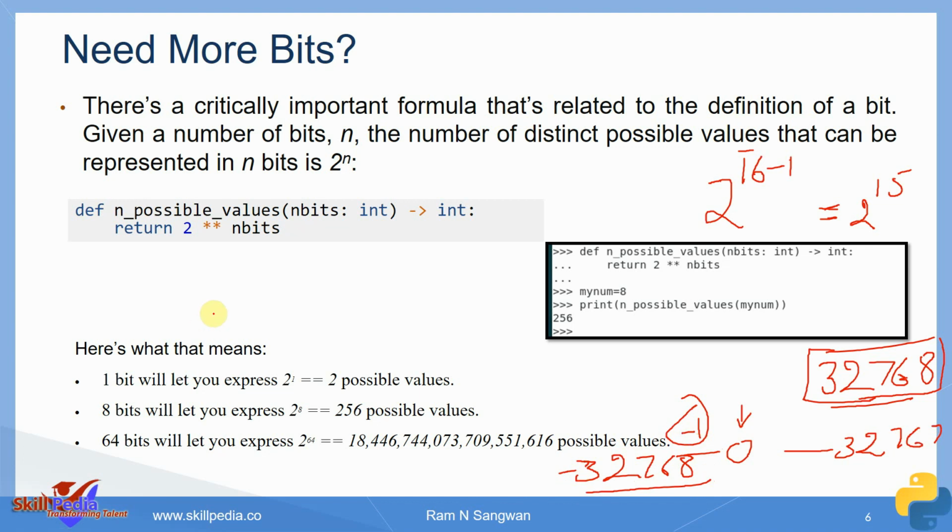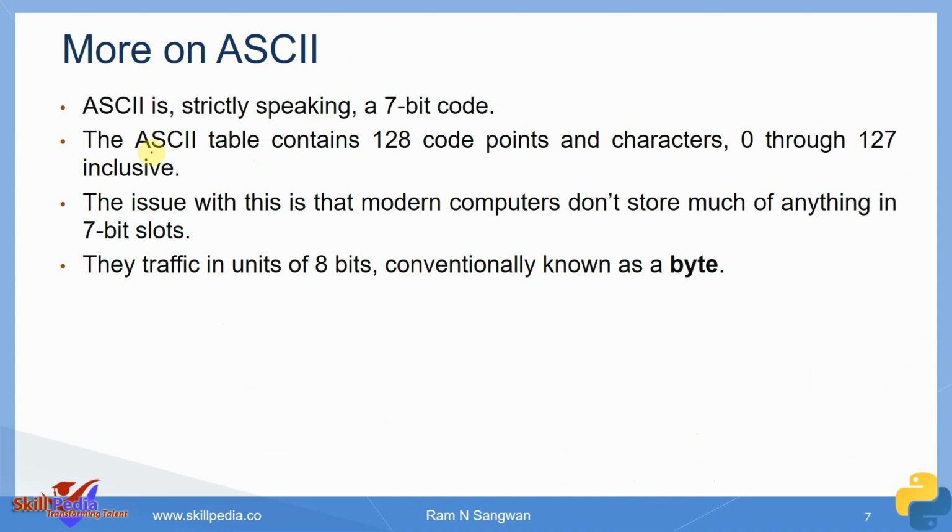So this is all the representation of this. ASCII is, strictly speaking, a 7-bit code, not even 8 bits. The ASCII table contains 128 code points, characters 0 through 127. So that means we are using a total of 128 possible values.